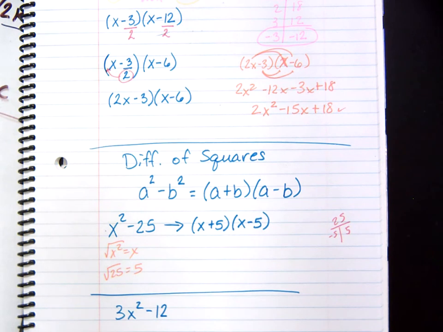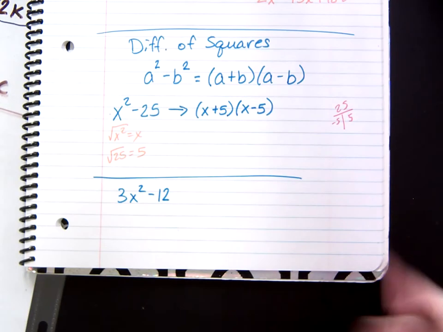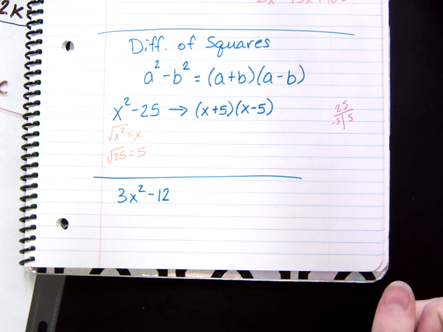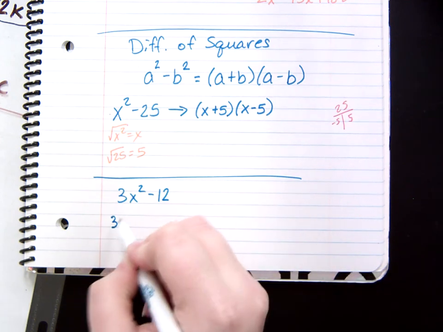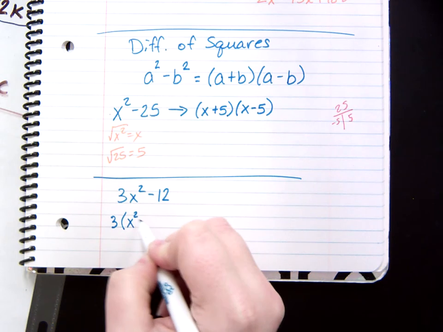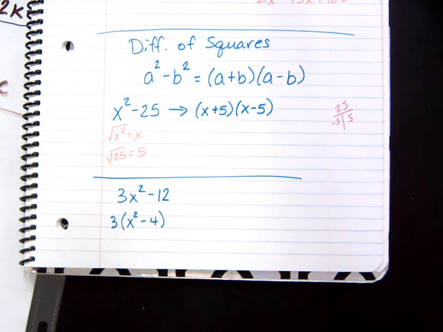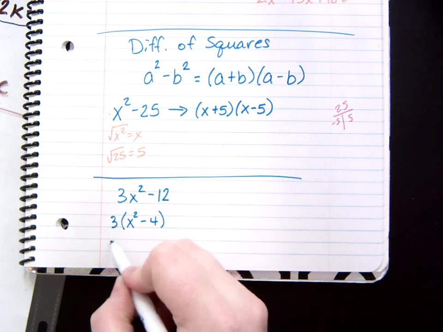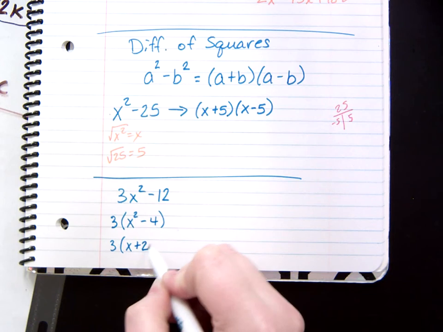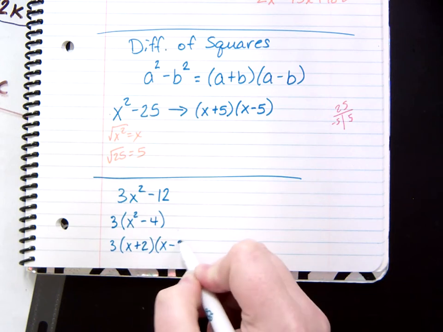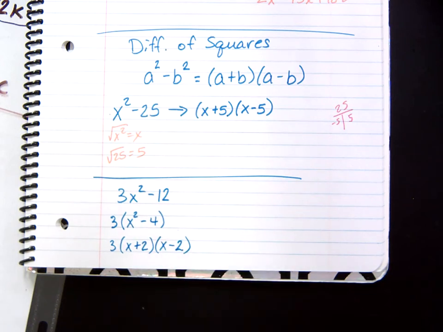That's not a difference of squares right now, until you factor out the 3. The GCF, once you take it out, leaves us with x squared minus 4. So now it's a difference of squares. Square root of x squared is x, square root of 4 is 2. So x plus 2 and x minus 2. This is the factored form of this.